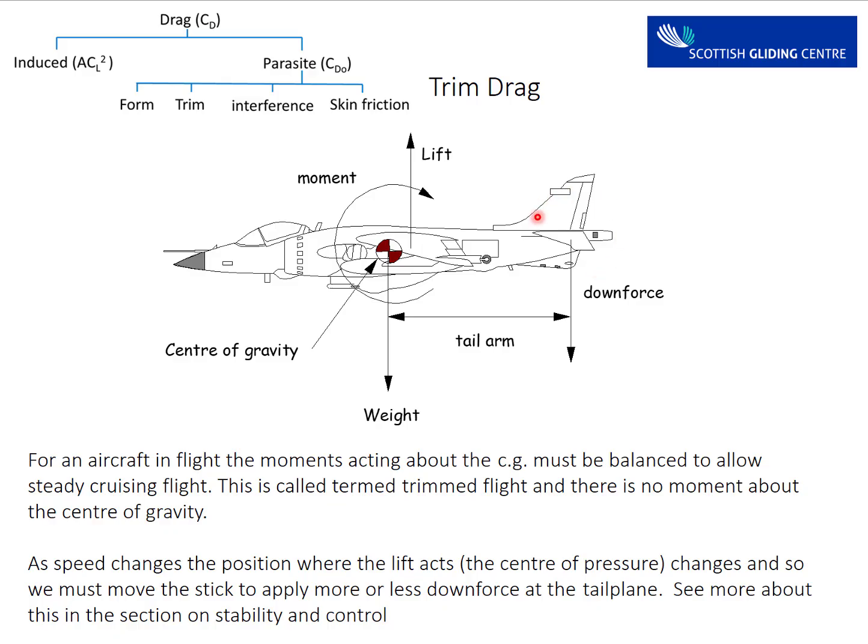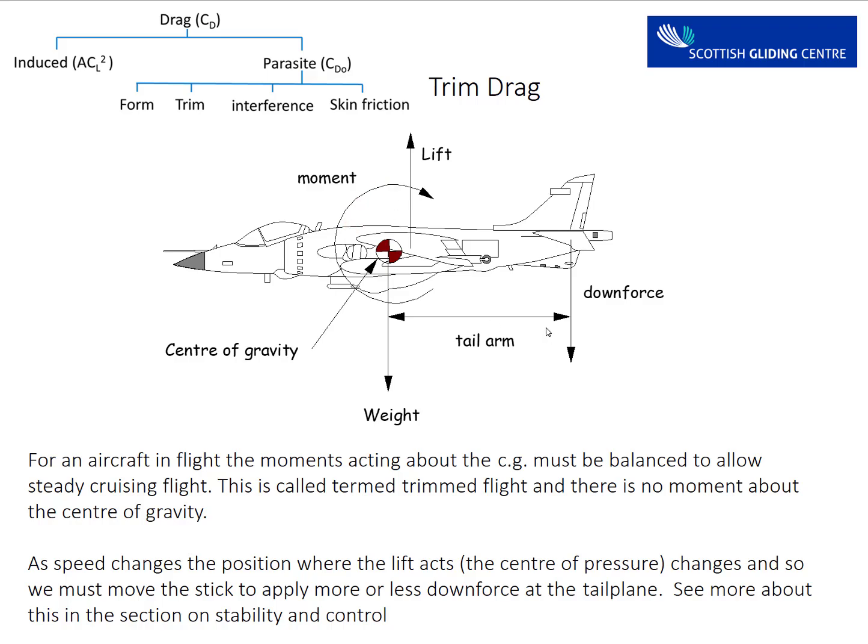Trim drag is the drag due to the presence of the tail plane. Normally in flight, our lift acts behind our centre of gravity and generates a nose down pitching moment. Now in order to counter that nose down pitching moment, our tail plane generates a download to pitch the nose up.